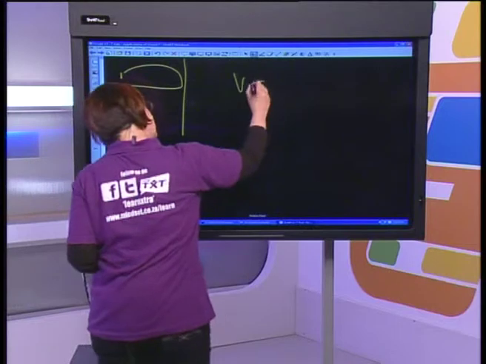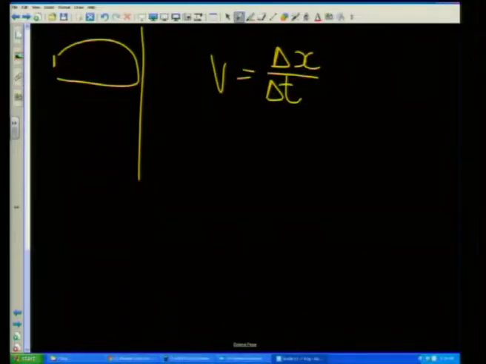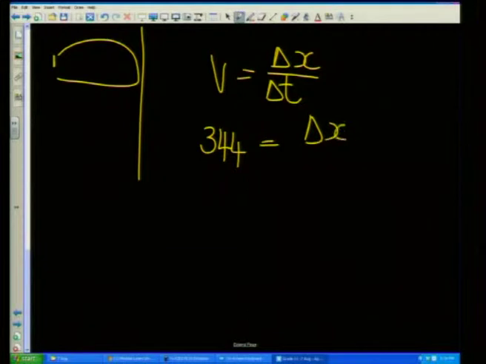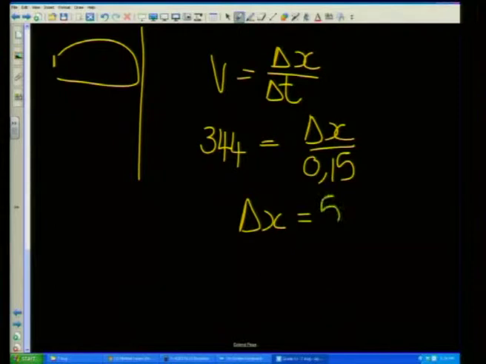If I work it out and I say, well, let's do V equals delta X over delta T. Velocity is 344. My distance is what I want. If I use the time 0.15 seconds, delta X becomes 57.6 meters.